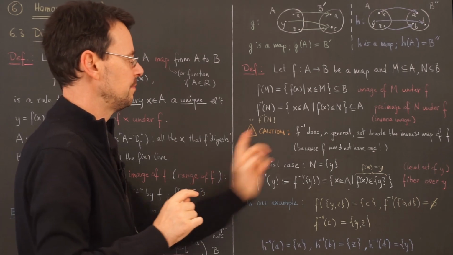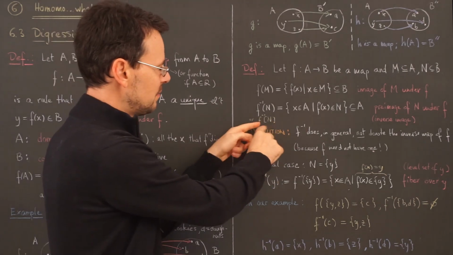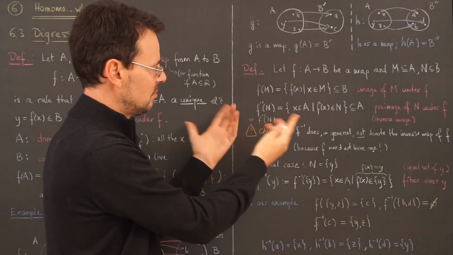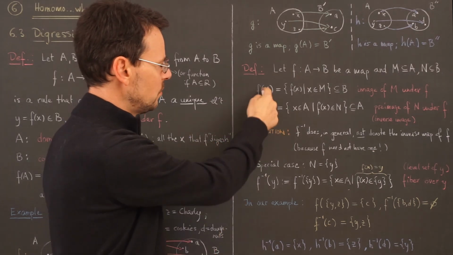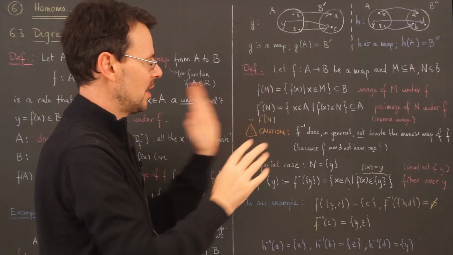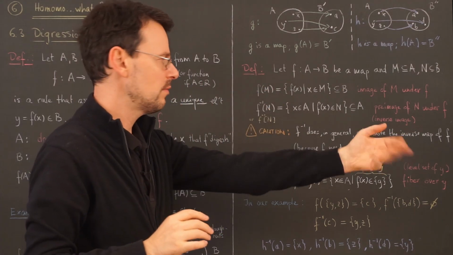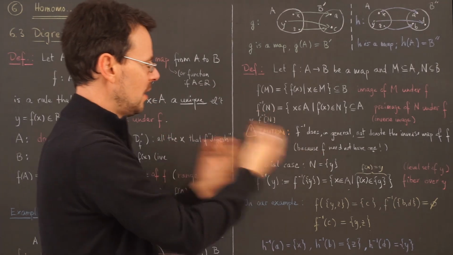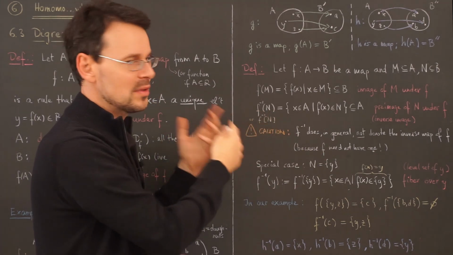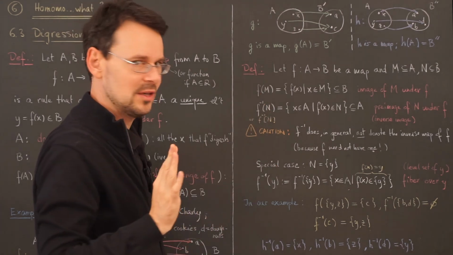Very important. Sometimes I've seen this notation, maybe this is a bit better here, these brackets, so that you do not confuse, because this looks exactly the same, like F is pushing M forward and F inverse is pulling in the same way the N backwards, but F inverse is not a map opposed to F in general.